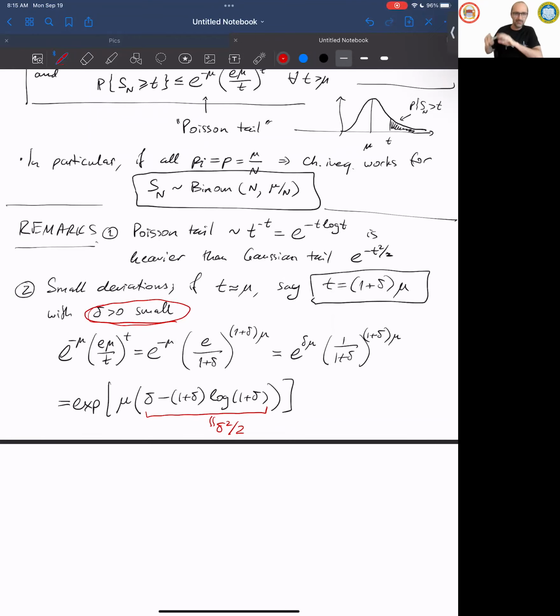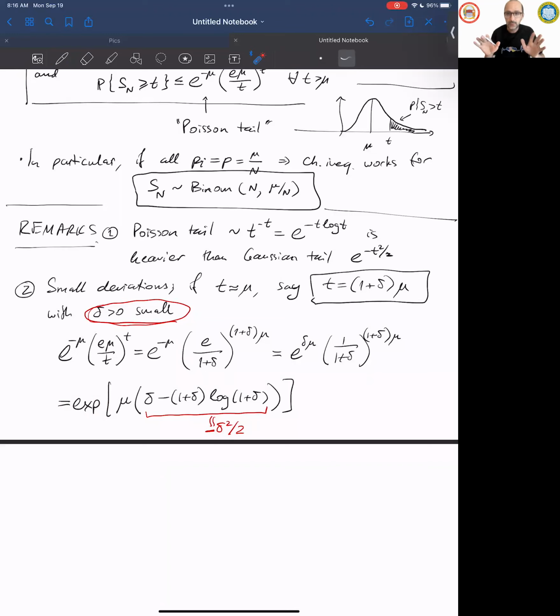If you do your calculation, do the MATLAB. Actually, minus delta square over 2, that's important. Okay, and then a miracle happens here. We get e exponential of what? Of minus delta square over 2 mu, and that's a Gaussian tail. Remember, delta square over 2 is a Gaussian tail. So we get a Gaussian tail around the mean. That's great. It still works.